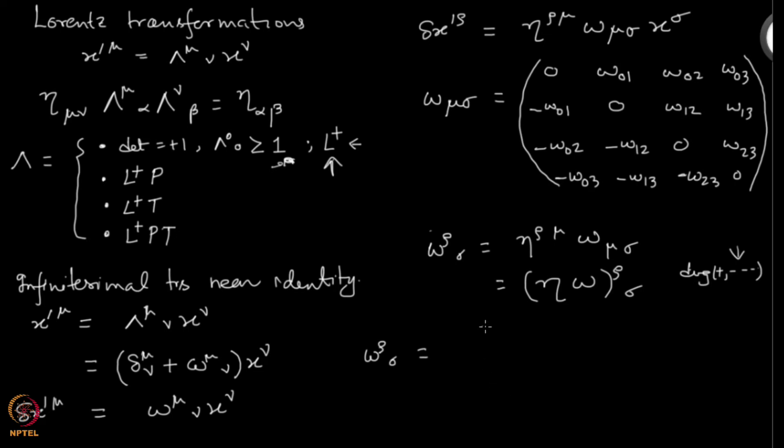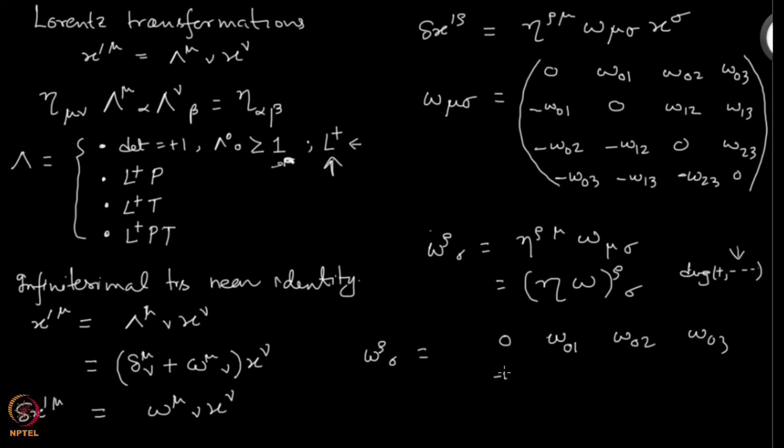First index is 0, so I am looking at the 0 row and nothing changes: omega 0 1, omega 0 2, omega 0 3. In the next row, this is omega 1 0, which is the same as minus omega 0 1, but the first index is 1, so it will change the sign.